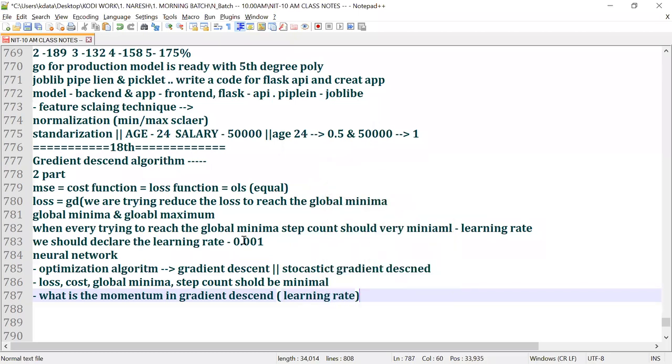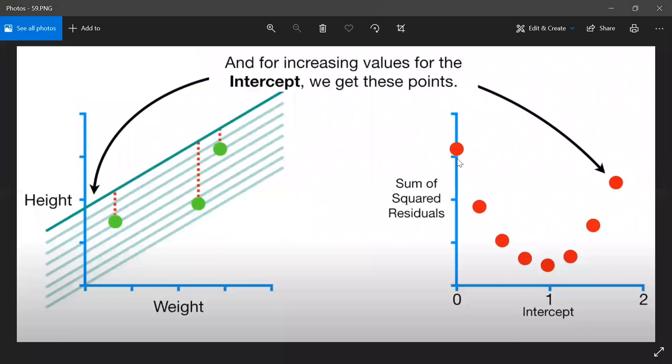So this is called momentum. Momentum means in each and every moment, the step size is reducing. The step count is reduced.